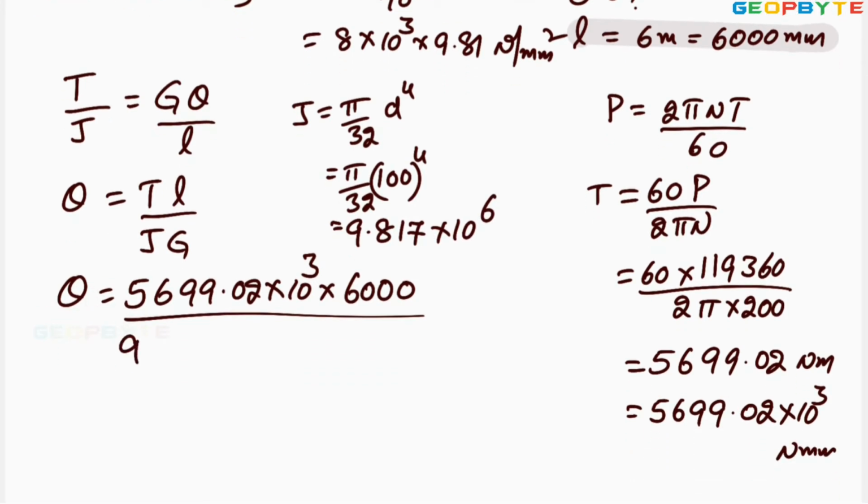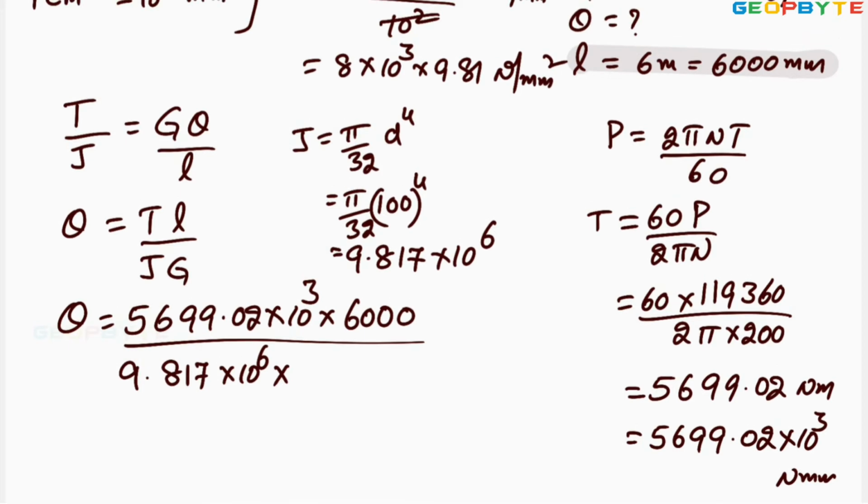Okay, 9.817 into 10 raised to 6 multiplied by G. The G value you got is 8 into 10 power 3. You simplify this value for getting approximately 0.044 radians.